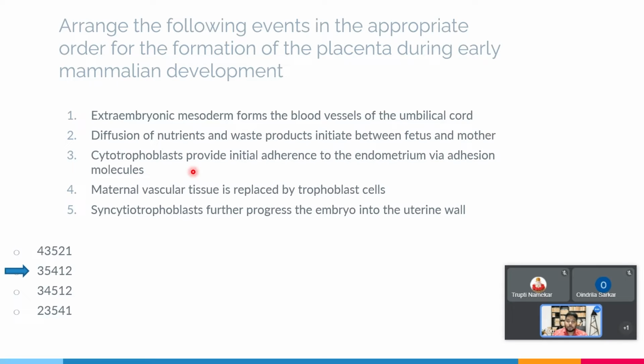The cytotrophoblasts provide initial adherence. After that, 5, syncytial trophoblasts further progress the embryo into the uterine wall. Then 4, maternal vascular tissue is replaced. Then 1, extraembryonic mesoderm forms the umbilical cord, and 2, diffusion of nutrients and waste products. So the correct option is number 2, as Oindrila suggested.